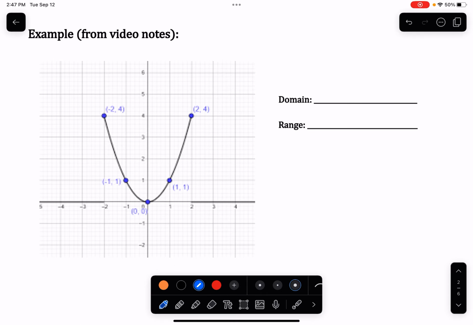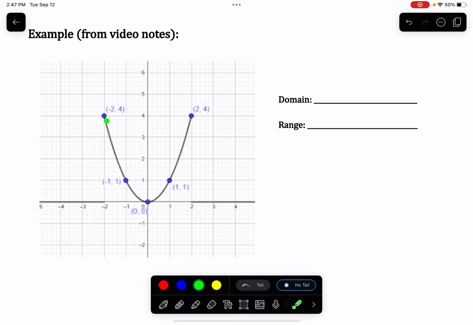And that problem is, if I was to say, hey, what's the domain of this function? The question really is, well, what are the x values that this function can take? And you might say, oh, well, like -2 and -1 and 0 and 1 and 2. And those are correct, but they're not the only x values.